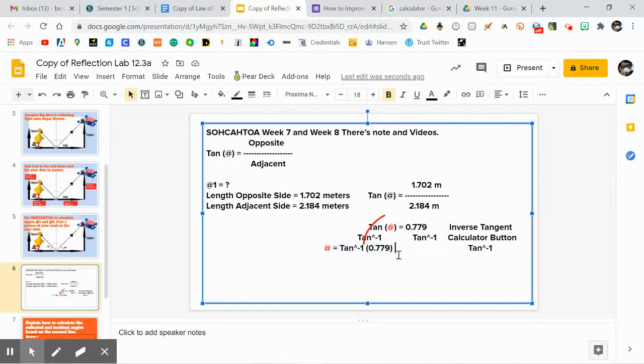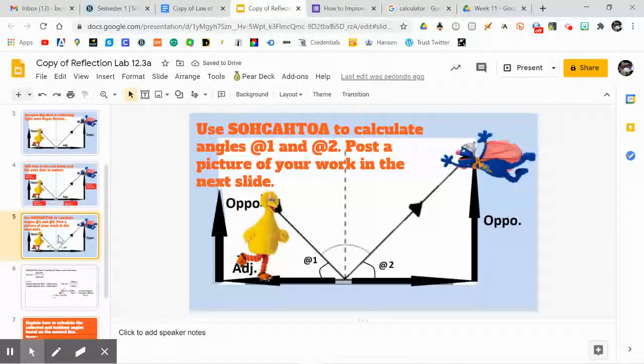Okay, so my answer is that the angle measures angle at 1.